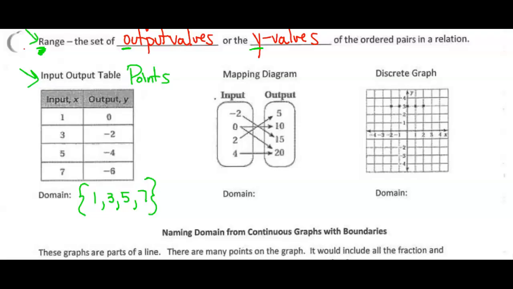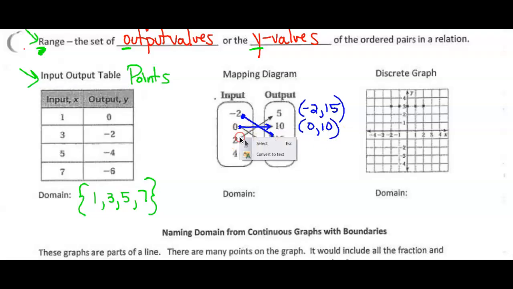Mappings are the ones where you have to understand what's going on. If it helps you, when you have a mapping, you can write the ordered pairs that are mapped. For example, this -2 input maps to 15. So that's -2, 15. Then the 0, it maps to 10. 0, 10.